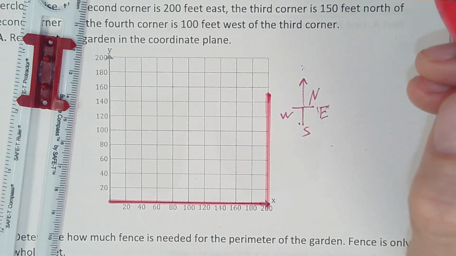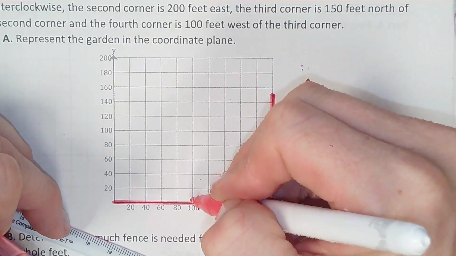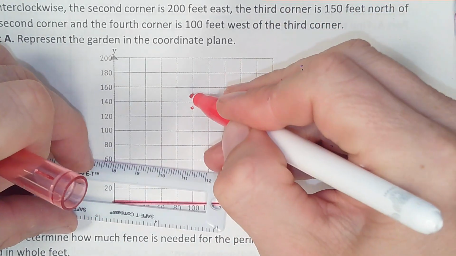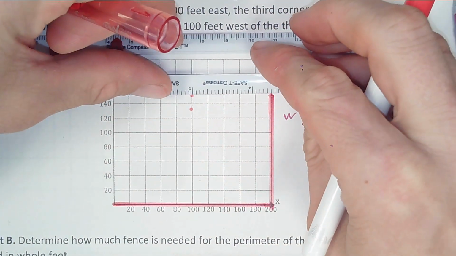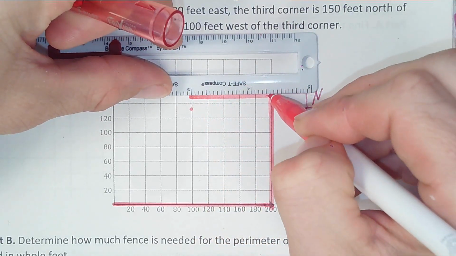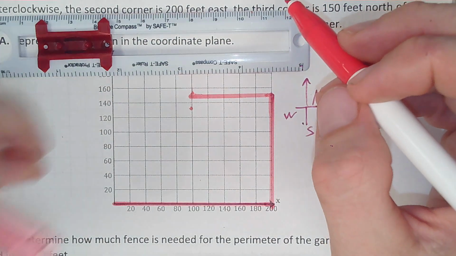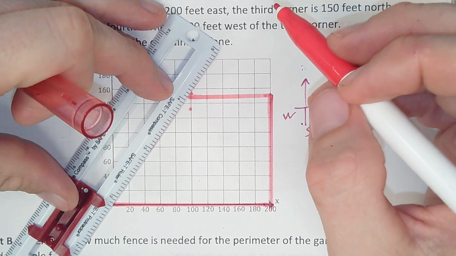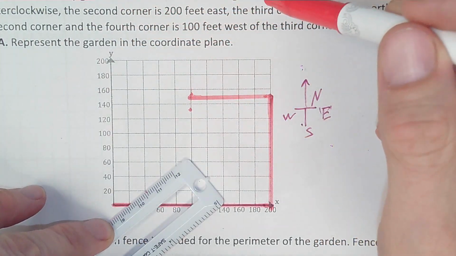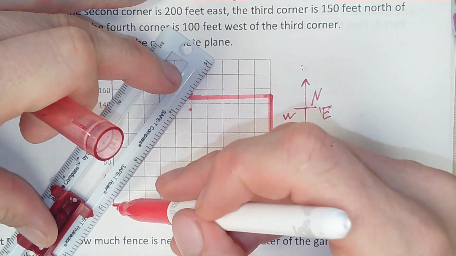Okay, and then it goes back 100 foot west, from here to here, that way. And then it goes back to the initial point. It goes back this way, I think. That's the fourth corner, and the west. Yeah, I think that's it. So that's the way this thing looks.